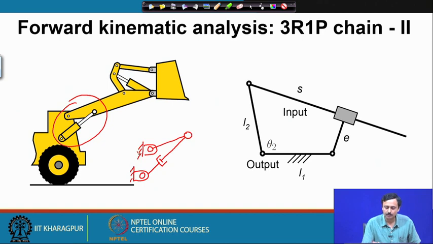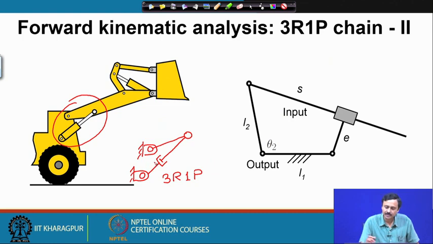This is a 3R1P chain, where the direction of slider motion can change. So, this we call the 3R1P chain 2. In 3R1P chain 1, the direction of the slider was fixed.